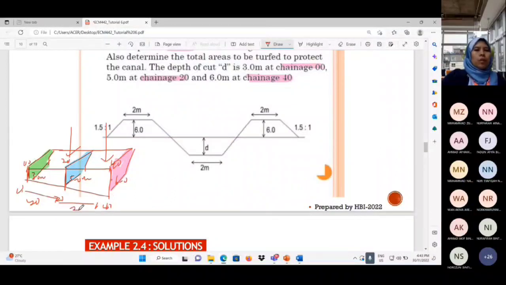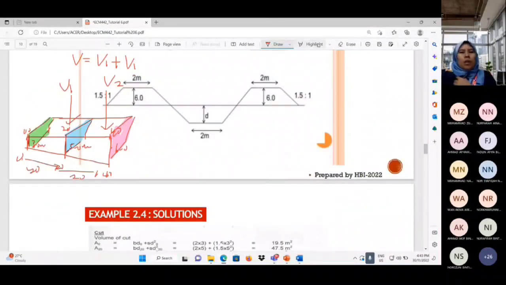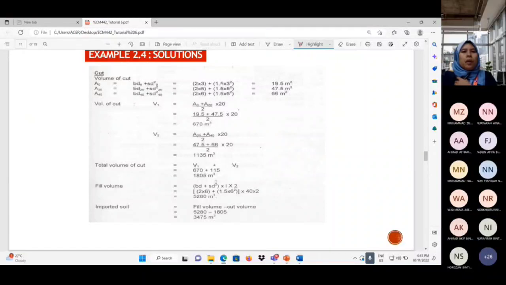So you will calculate V1 dulu and V2. V1 you akan gunakan cross section color biru and also color hijau. V2 you akan gunakan average surface area biru and also merah ni. So you akan dapatkan V2. So in order for you to get the total volume of cutting to be cut, V1 campur V2, you will get the total.